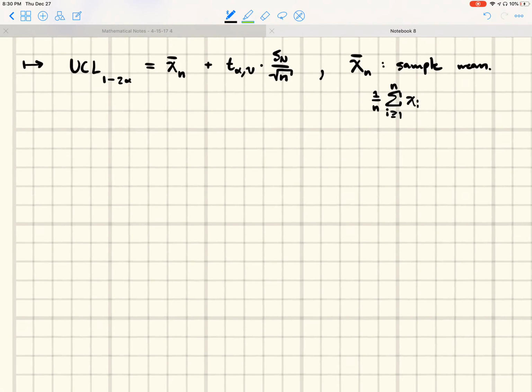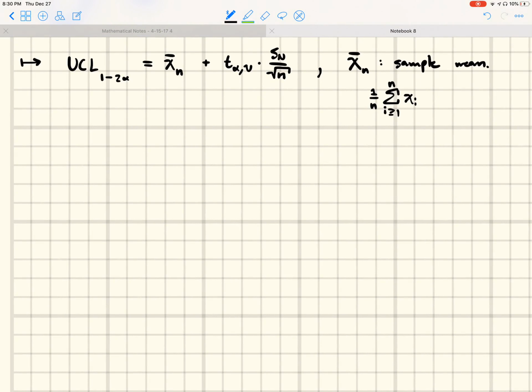And then we also have S sub n, which is the unbiased estimate of the variance from our sample.